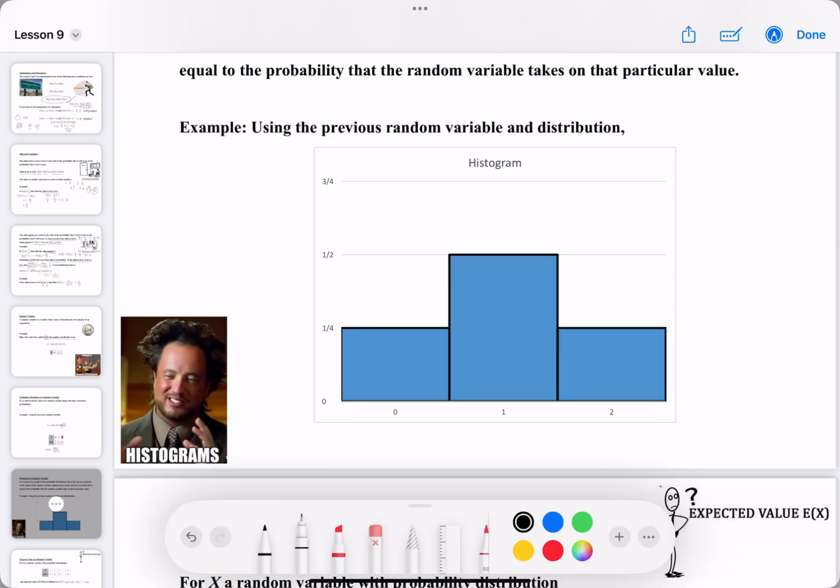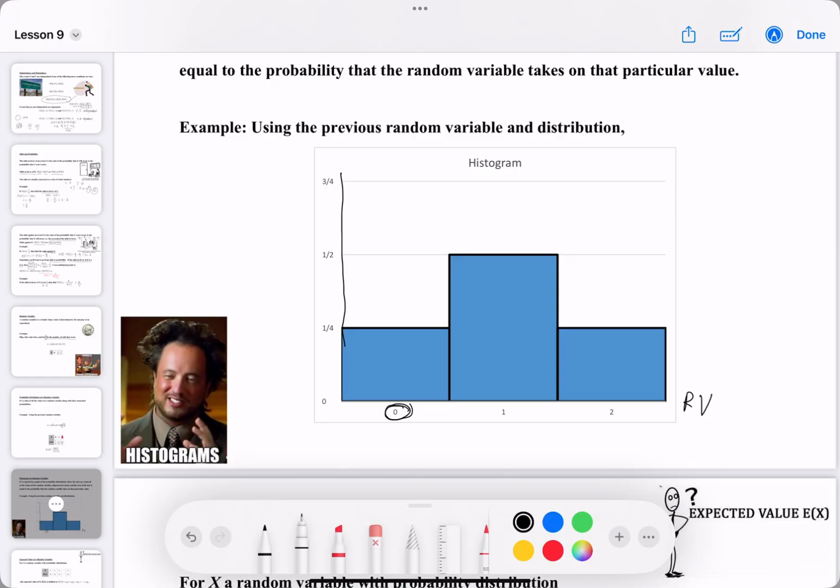Okay, the horizontal axis represents the random variable. So let's put RV, that's random variable. In the middle, this bar represents the random variable equals 0, and the vertical axis represents the probability.